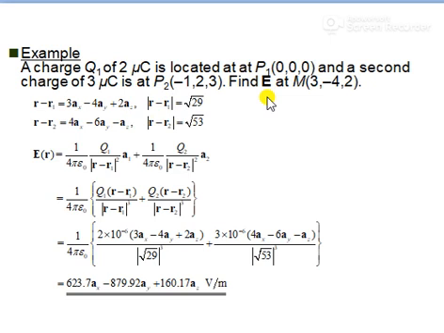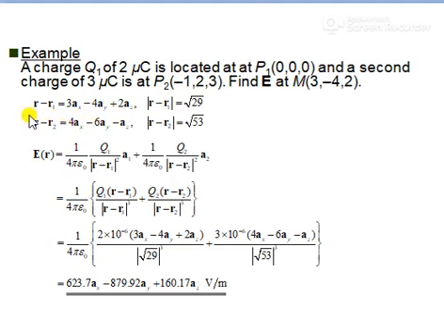First, Q1 is given as 2 microcoulomb located at the origin, and the second charge of 3 microcoulomb is located at P2. We want to find E at M, the point 3 minus 4 2.